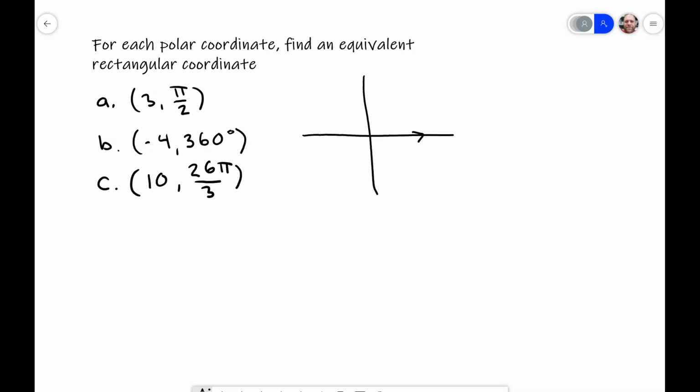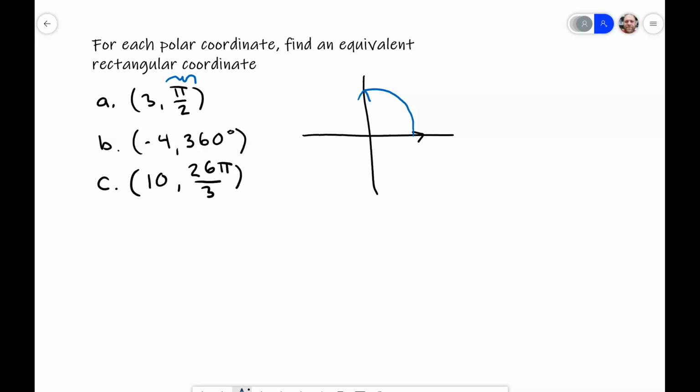The second coordinate here is the angle. That is the angle that we go starting from the positive x-axis. So in this first case, you would go pi over 2. So you would go up and you would go in this direction here.